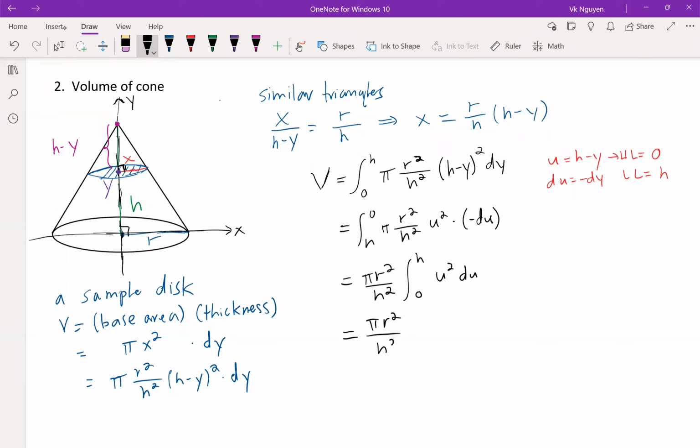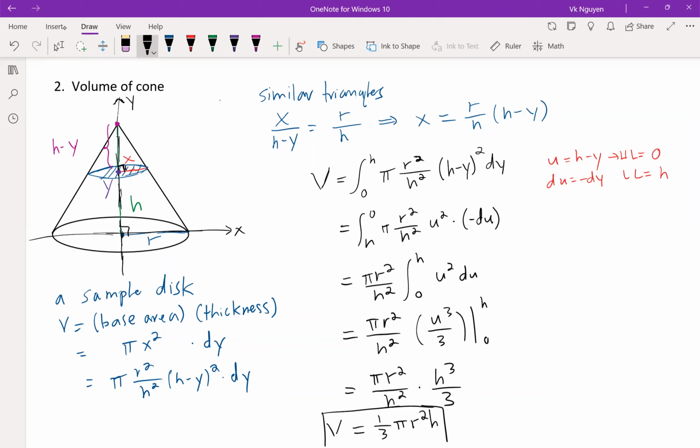The antiderivative is u cubed over 3, and ta-da! Evaluate from 0 to h, we have pi r squared over h squared multiplied by h cubed over 3, which is one third pi r squared h, and this is the volume of a cone. Awesome. Let's move on.